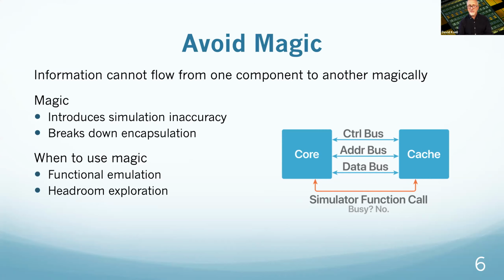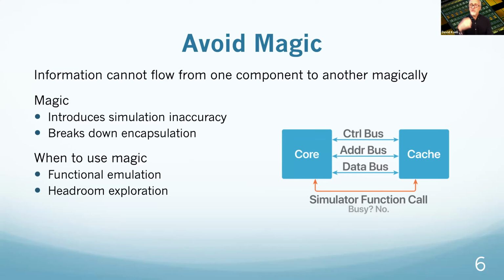So what is magic? We refer to magic as when one component can magically affect a change in another component directly, or has access to that other component directly without following some protocol. Think of this as when I have two software components with good encapsulation between them, their behavior should be independent. If I make a change over here, it shouldn't break something over here.